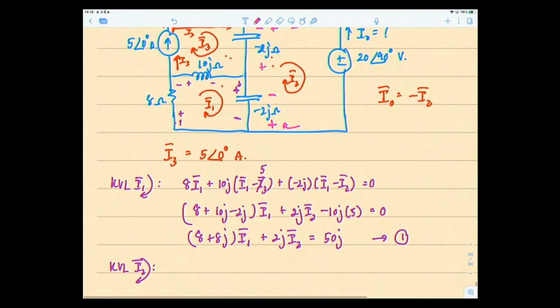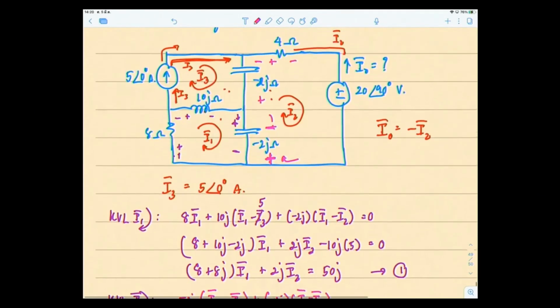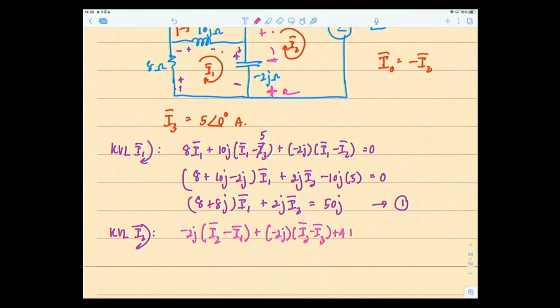The voltage drop across this minus 2J ohm is minus 2J multiplied by I2, which enters the positive side of this pink sign, but I1 goes into the negative side, so minus I1. Plus another minus 2J, but this one is shared between I2 and I3, so it's I2 minus I3, and then plus 4 I2, and then plus 20 at 90 degrees equal to 0.